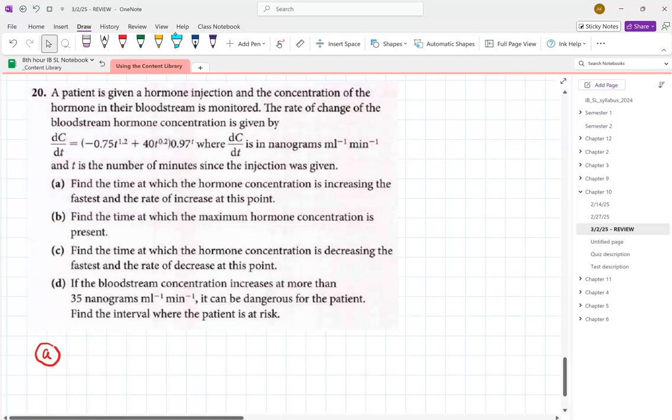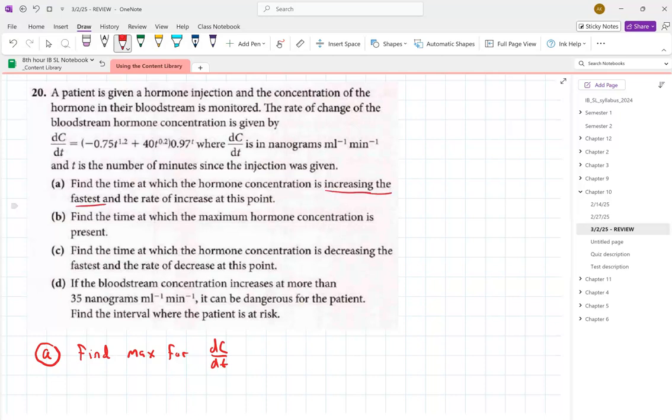So what is it asking me to find in part A? It's asking for the maximum in dc/dt. dc/dt is describing the rate, and we're interested where it's increasing the fastest.